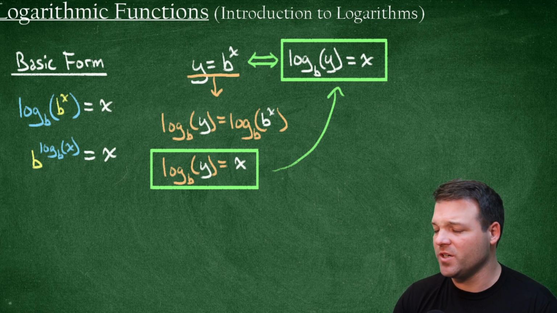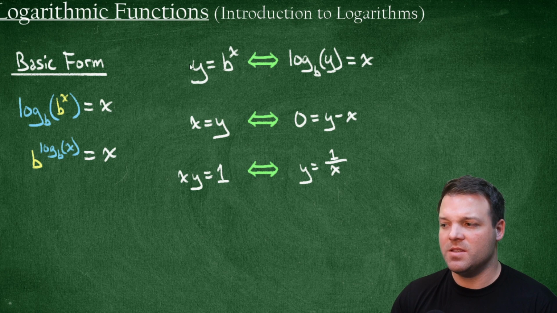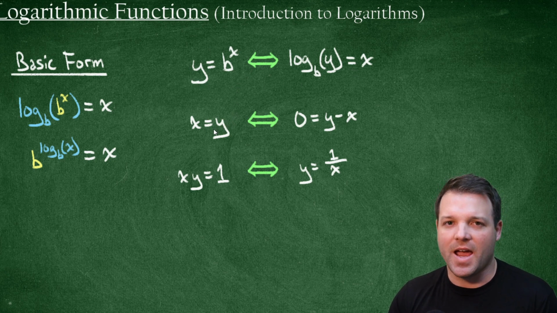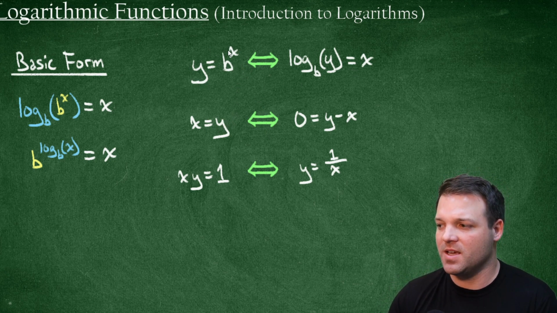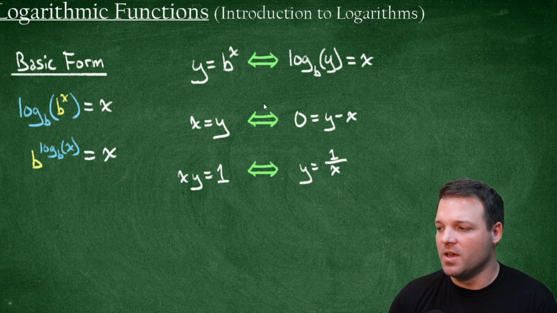It might seem a little weird, but that's just because you haven't really done it too much. All right, whoops. And again, taking these equivalent statements, this is exactly the same thing. When I say that this exponential is the same thing as this logarithm, that's the same thing as saying, well, if I have x is equal to y, then I could just have 0 on the other side.